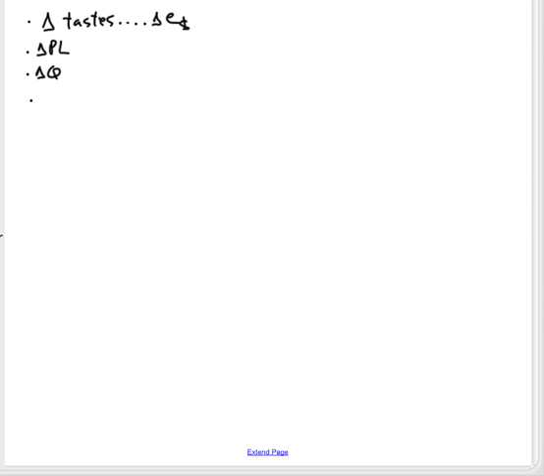All right. If we've seen that a change in tastes will cause a change in the exchange value of the dollar, let's look at the effects of these changes.